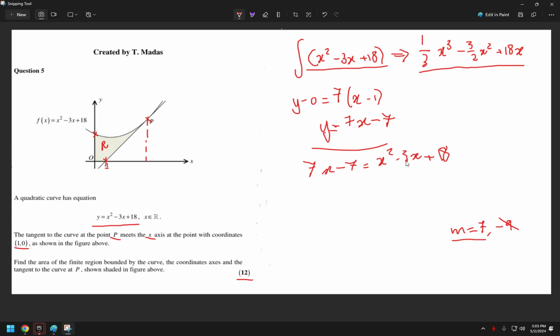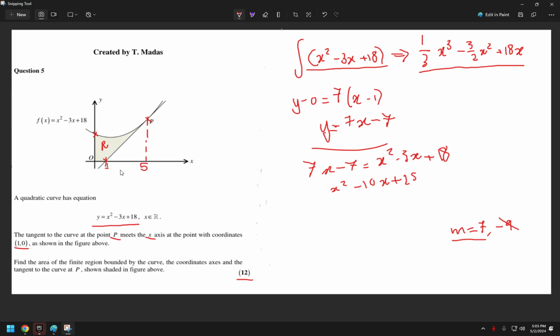If I put everything to one side, I would get x squared minus 10x, and 18 plus 7 is 25. So I could put this into my equation solver, 1, minus 10, 25, and get x equals 5. It's a repeated root. The curve and the line touch at one point, so it'd only be 5.